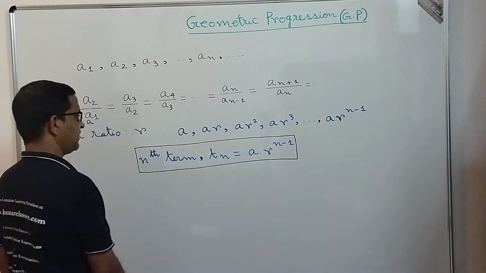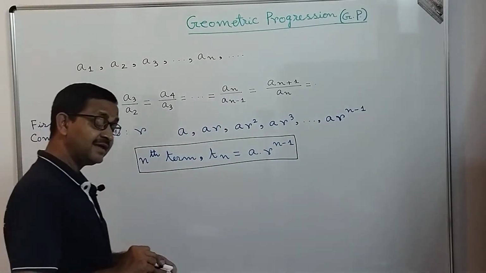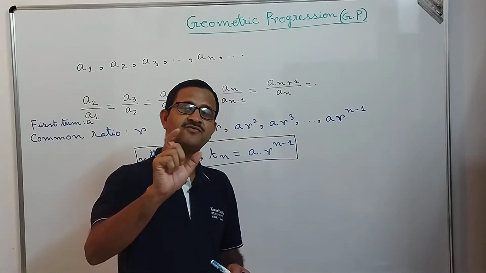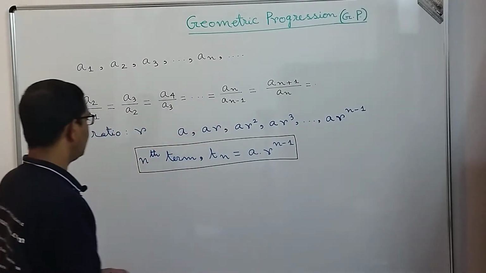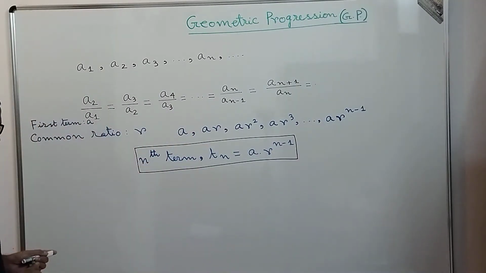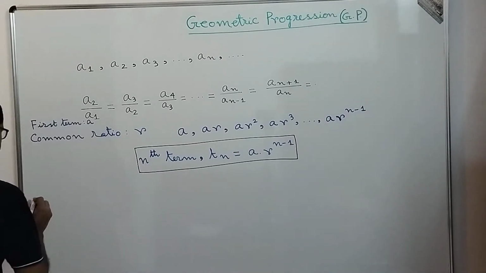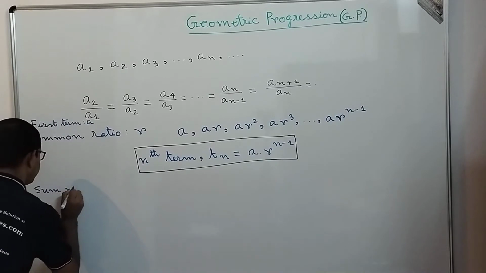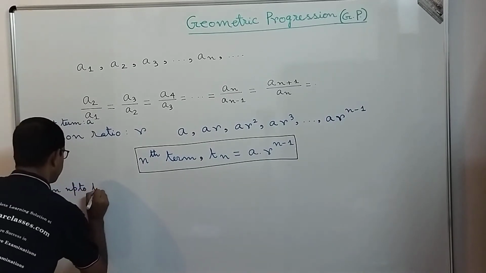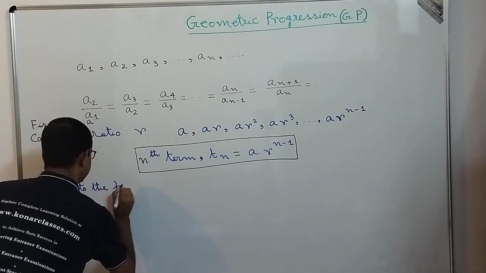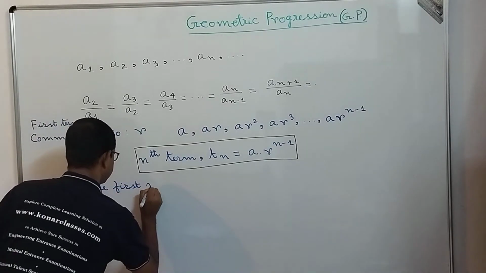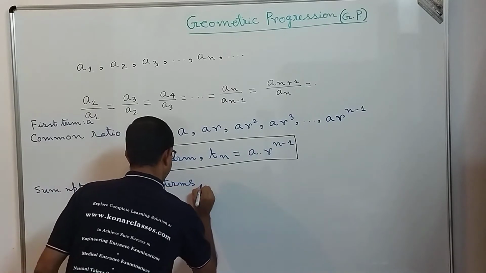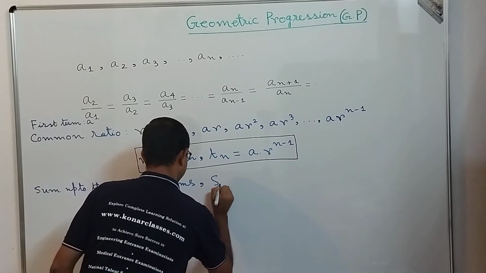And dear students, the next one is that, like arithmetic progression, which we discussed in the previous session, the sum up to the first n terms. So let's see what is the sum up to the first n terms. We denote it as Sn.